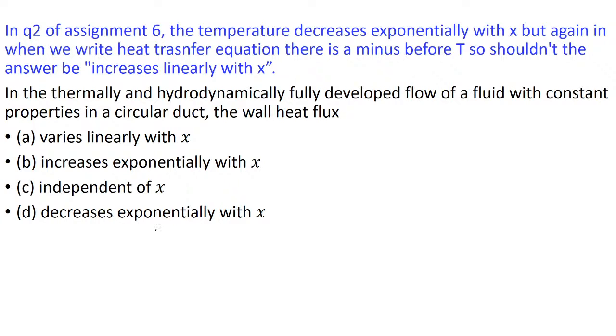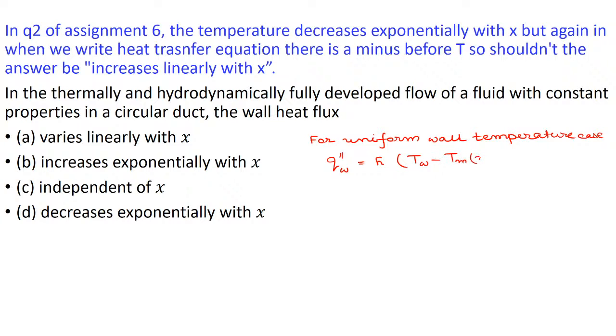For a uniform wall temperature case, we have shown that q double prime w, which is your heat flux, is h into Tw minus Tm, and Tm, which is the mean temperature, is a function of x.